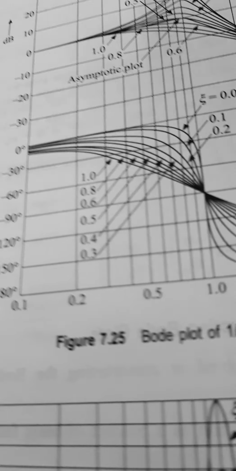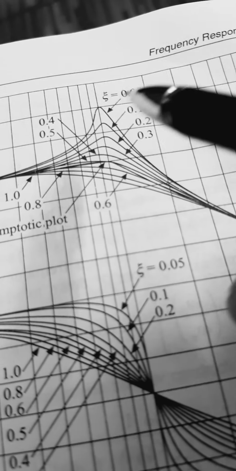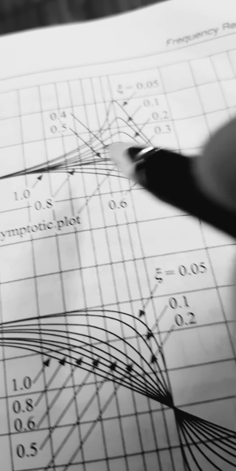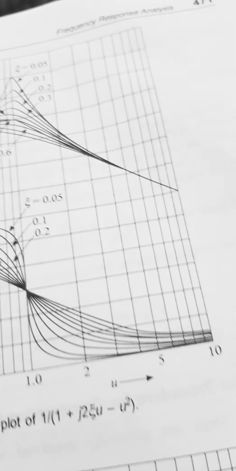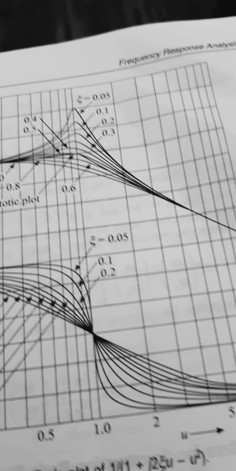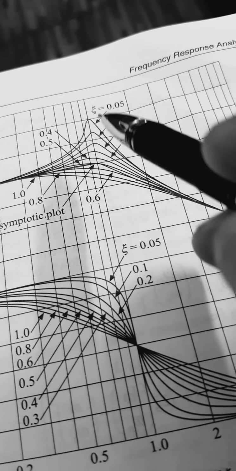For xi equal to 0.5, you are getting a maximum of 0.05. The resonant peak occurs at the corner frequency, but the resonant peak decreases as xi increases.